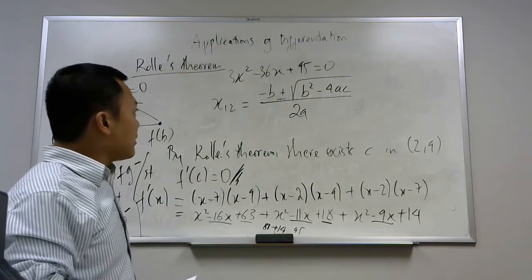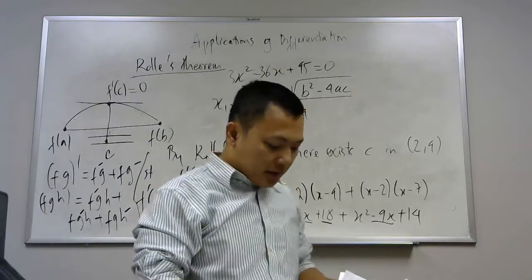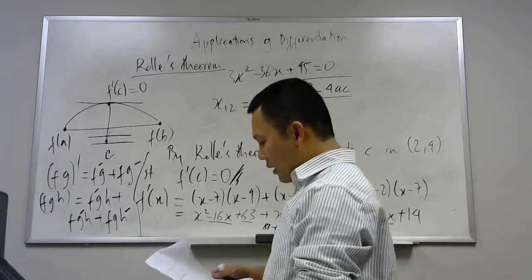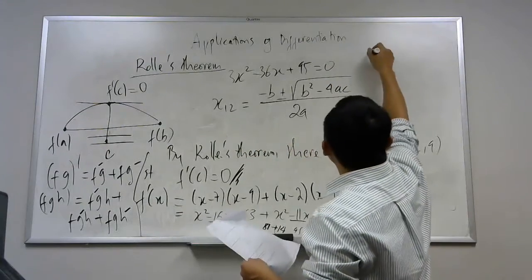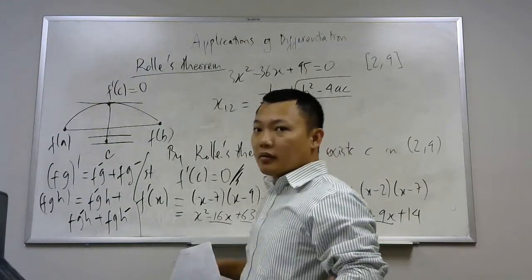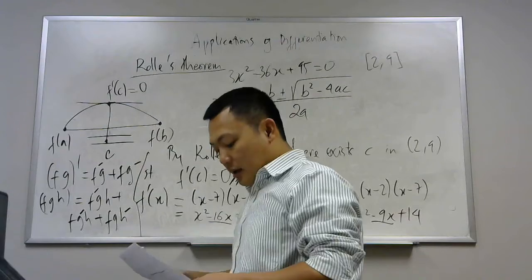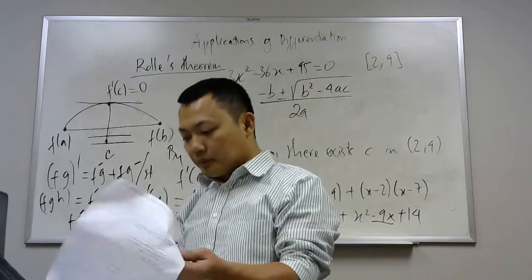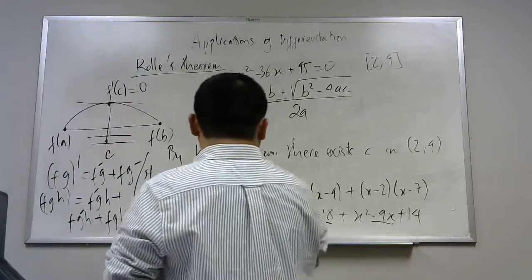Plug those in, and then just find the numbers. And that's it. Of course, once you get two values here, you have to keep in mind that we are considering this function on [2, 9], right? So we just pick the point in between 2 and 9 only. All right.